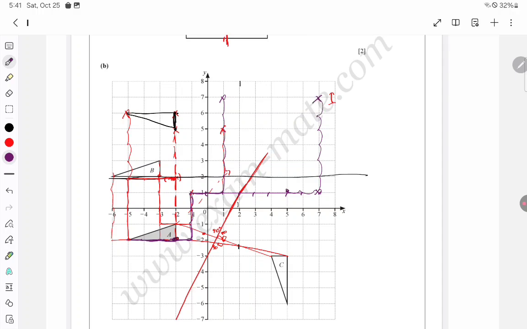Mark the point. Form the triangle. We get our required triangle.